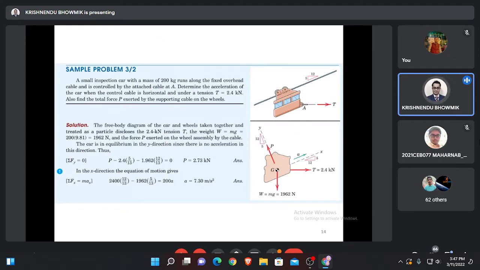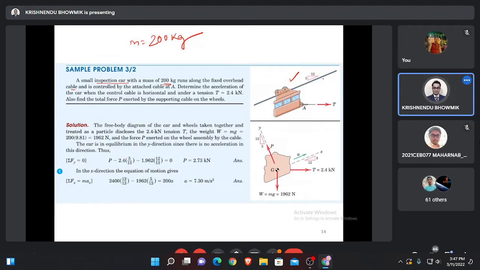Now let's take one simple example. This is a small inspection car with a mass of 200 kg, running along a fixed overhead cable.